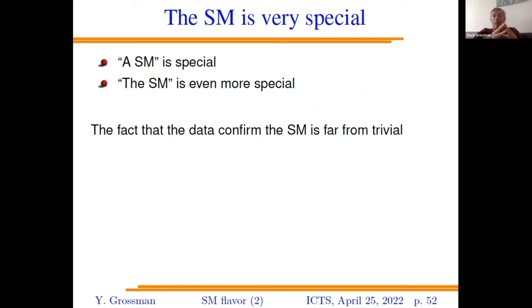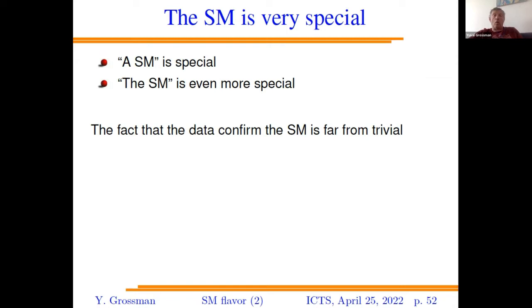I want to mention the following. The standard model is very special. A generic standard model is already special. A generic standard model is just a model that has the same gauge group and fields as the standard model, but without assigning any value for the parameters. It's already special. The flavor changing neutral current only occurs through the W exchange. That's already far from a generic statement. And the standard model is even more special because the CKM matrix, the one matrix that is responsible for flavor physics, is very close to the unit matrix, and it's far from a generic matrix.